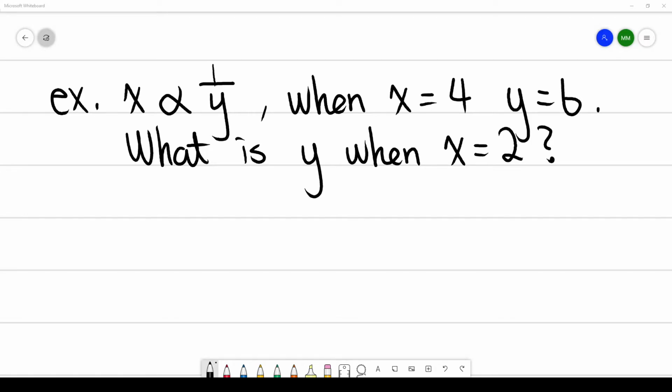Oh, and why is that? Yep, 2 times 12 is 24.